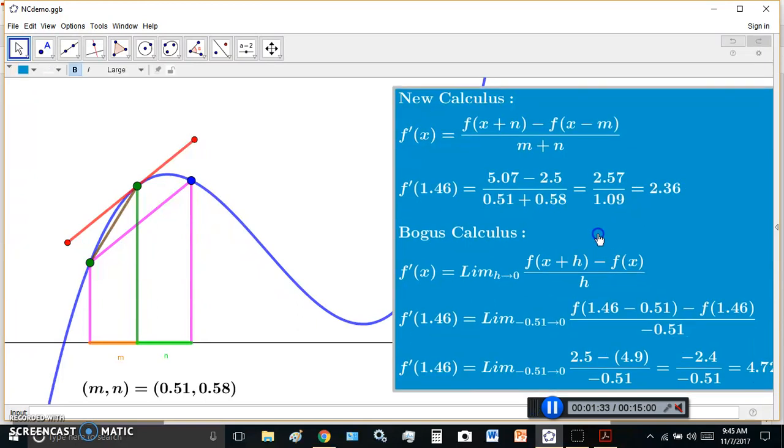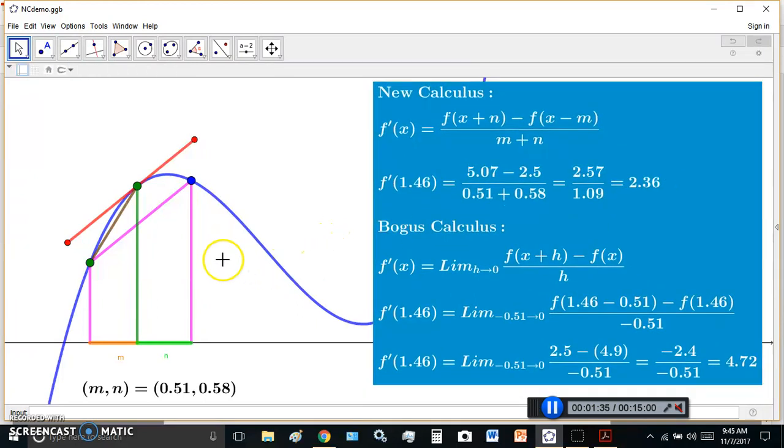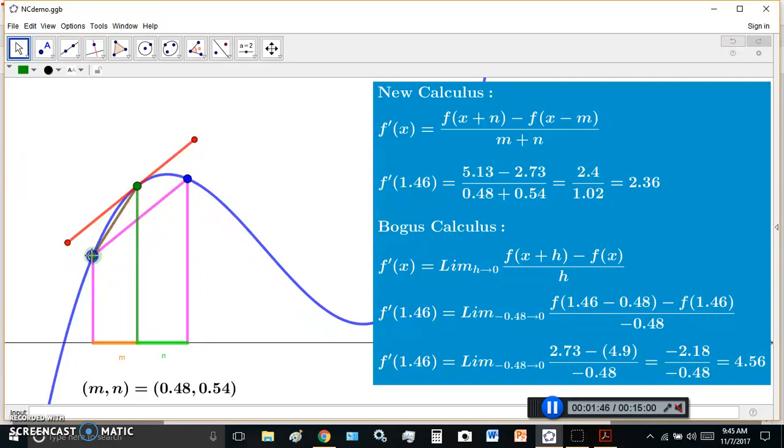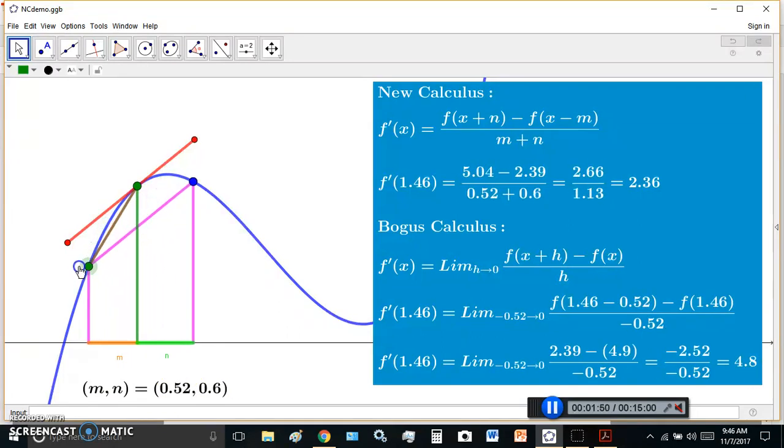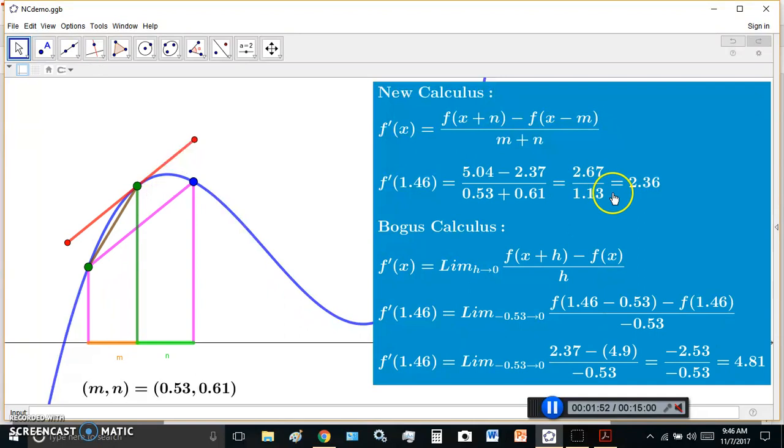If you look at the new calculus here, the slope of the tangent line is determined by finding the slope of a parallel secant line. So there are infinitely many mn pairs that will give you the slope of that tangent line. Notice that in the new calculus, the slope is always correct.